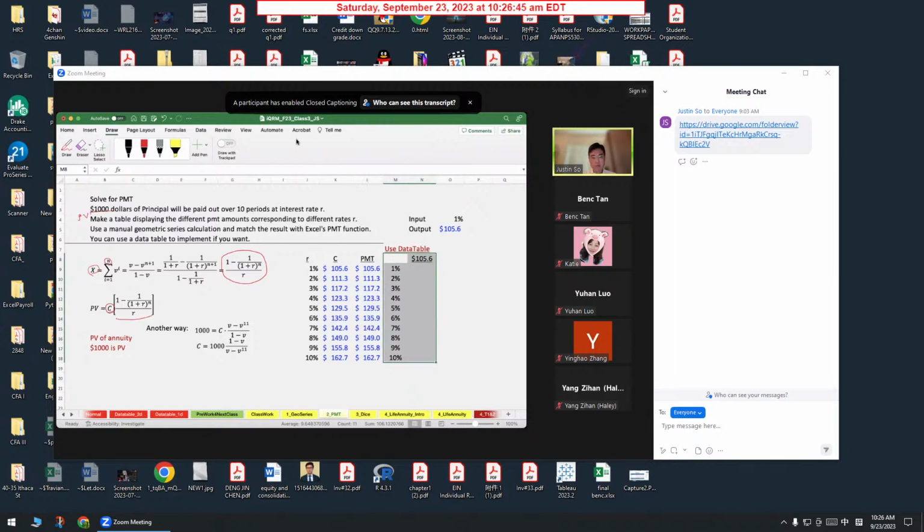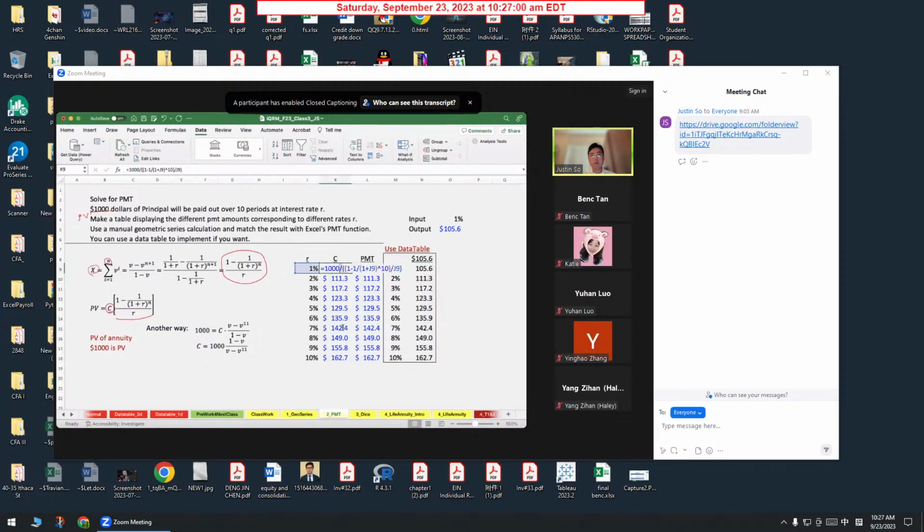Select the area, data, what-if analysis, data table, column input, percentage, okay. And in one shot, we have all the matching results in this column. It's much quicker if you are familiar with the data table, but if you compare with the PMT, they're all the same. Either you manually implement the formula or use the Excel built-in formula, that's the same.